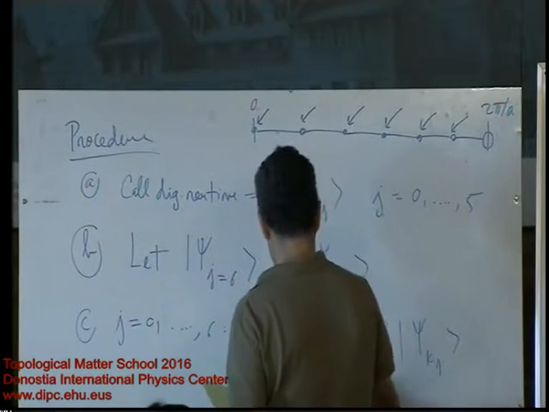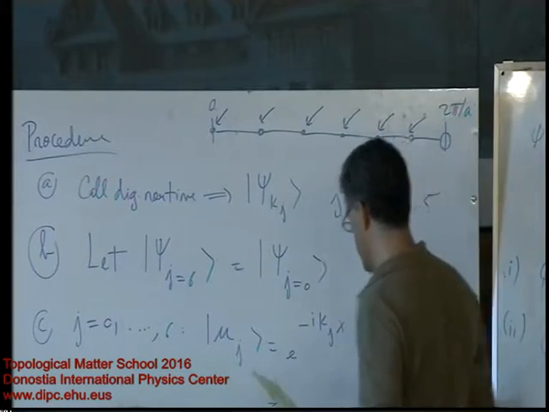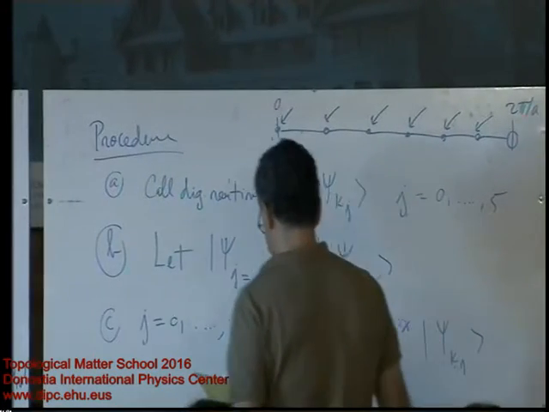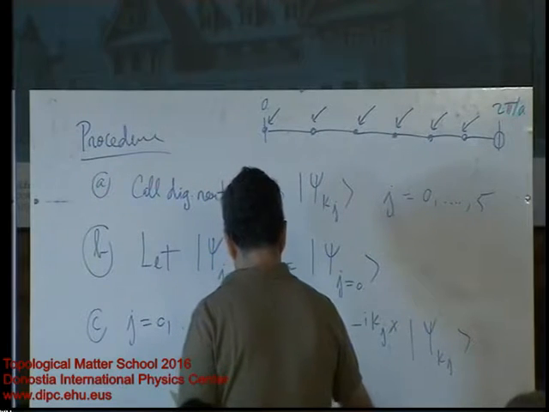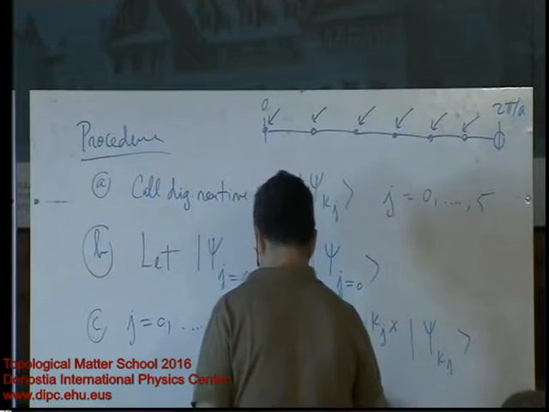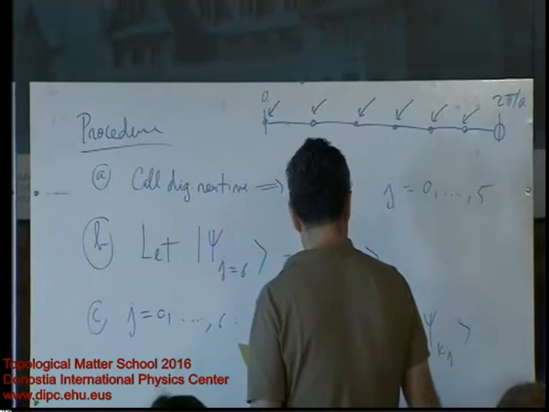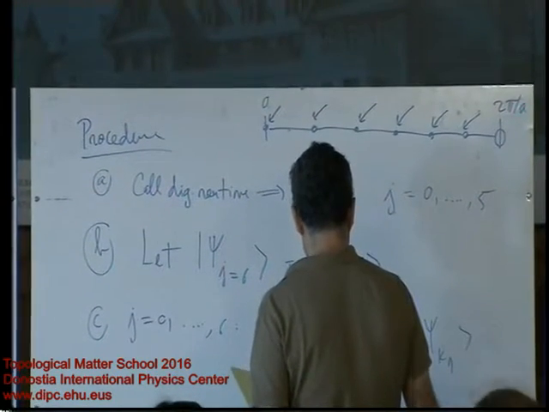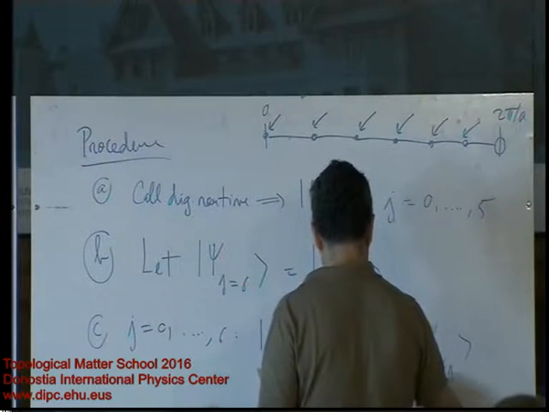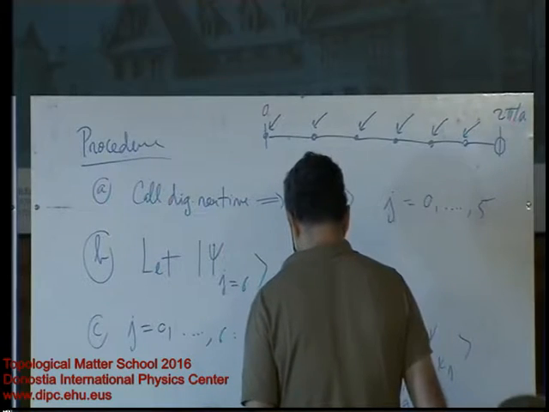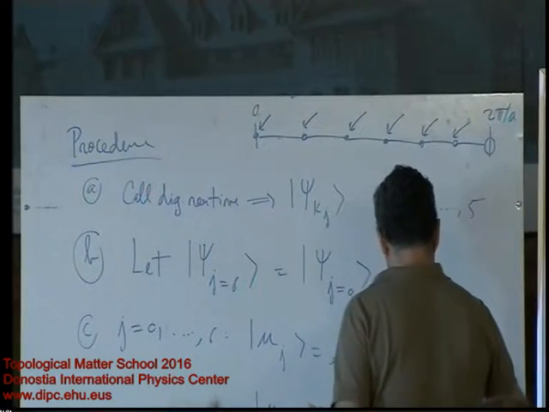So, of course, for k equals 0, this is just U. So U of j equals 6 equals e to the minus i 2 pi over a x of u j equals 0.